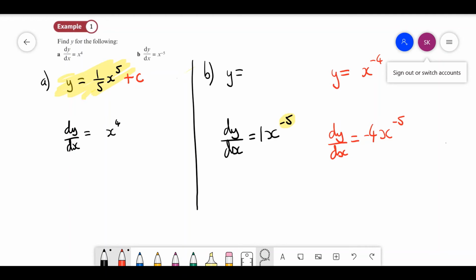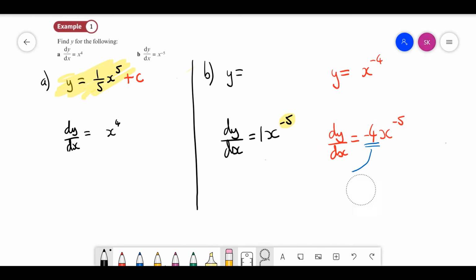However, I've not finished because I need to somehow get the constant here so that it is the same as here. So what do I have to times negative 4 by to make it into 1? Well, I have to times it by negative 1/4. Negative 1/4 times negative 4 gives positive 1.